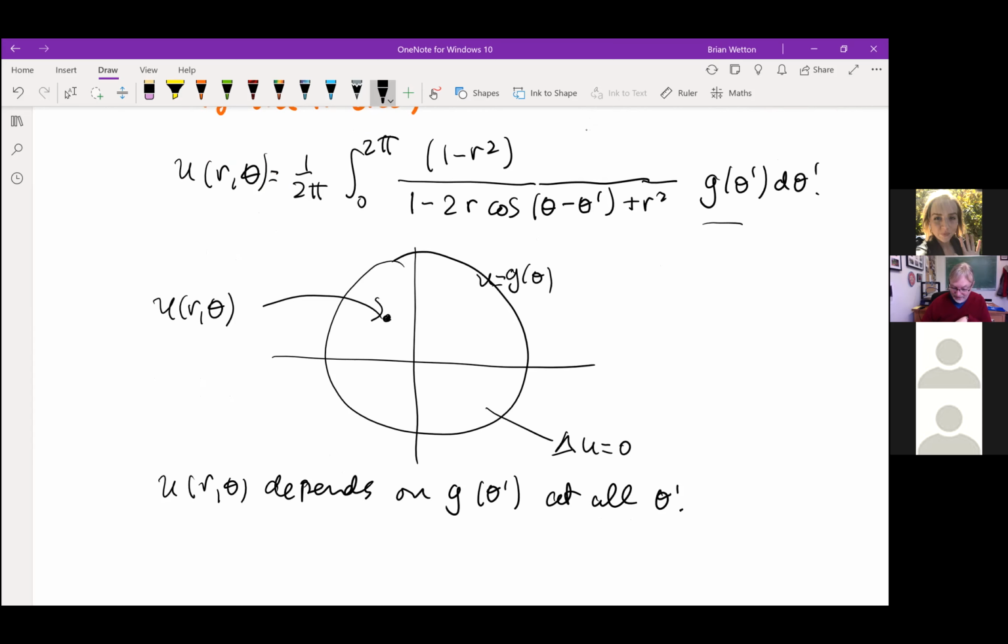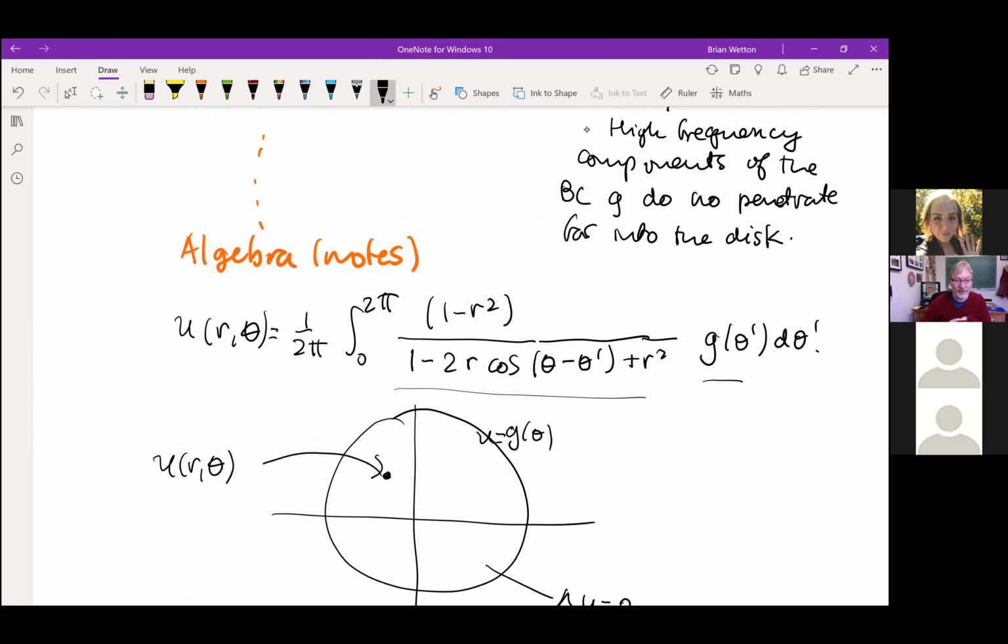This is something that's never 0. So this shows you the solution, anywhere in the middle, depends on everything that you give as boundary conditions. So there's a global dependence on the boundary conditions. This is a typical behavior for elliptic problems. And then I can also say this is a Green's function. It's called Poisson's formula. It's really a Green's function representation of the solution.